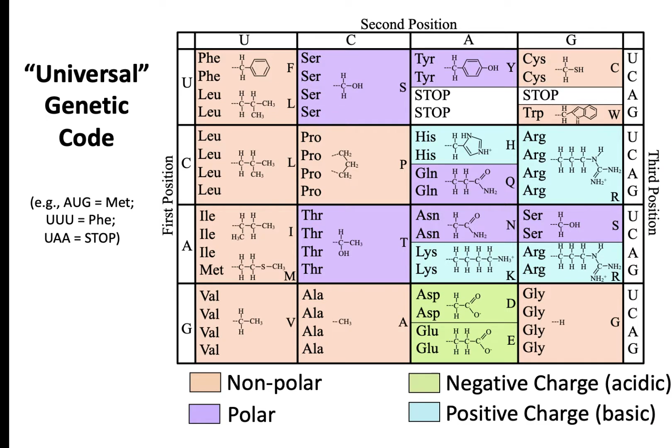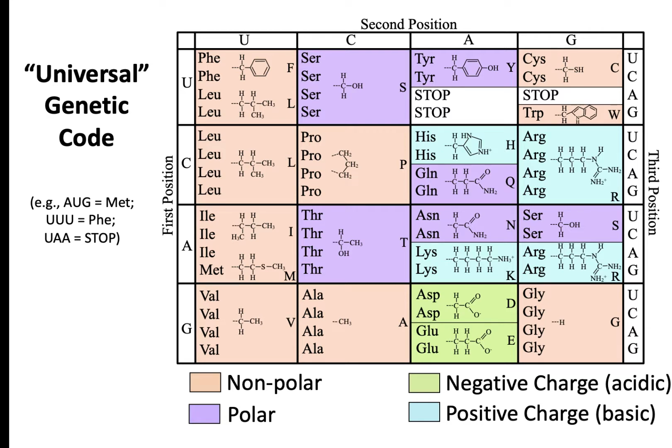In the ribosome, depending on the mRNA and the tRNAs that are attached to the amino acids that are being brought into the ribosome, a genetic code is used. And so this is the genetic code according to the codon in the mRNA.